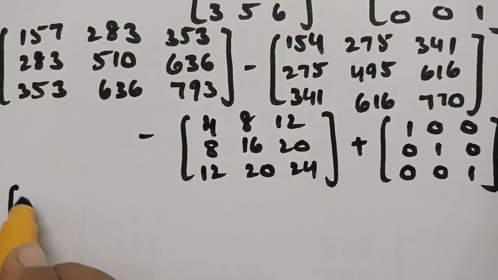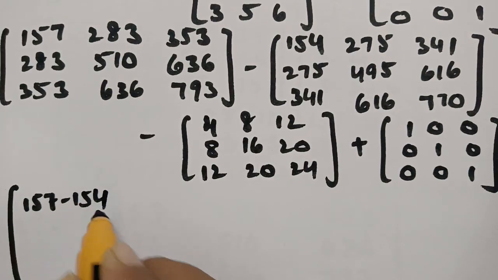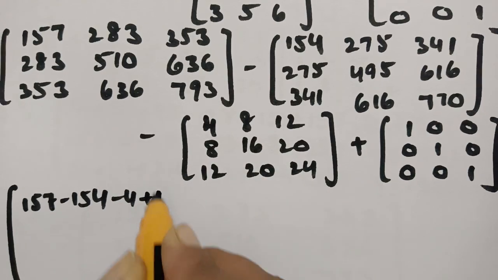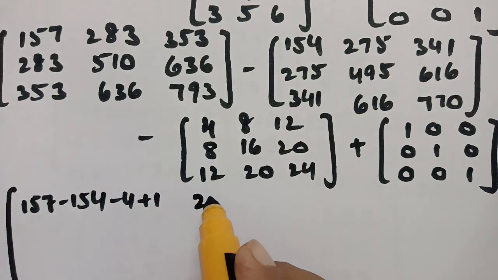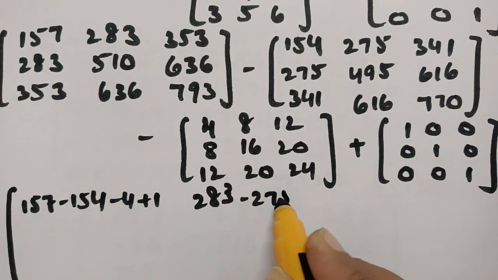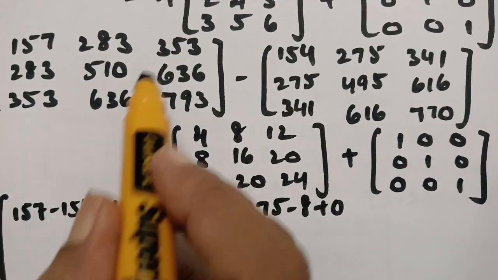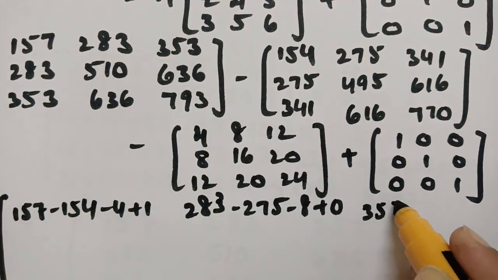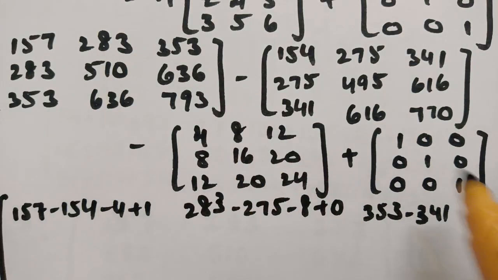So here, this is 157 minus 154. This is minus 4 plus 1. And next one, this one is 283. And the thing here is minus 275. And this is minus 8 plus 0. 353, this is minus 341, this is minus 12 plus 0.